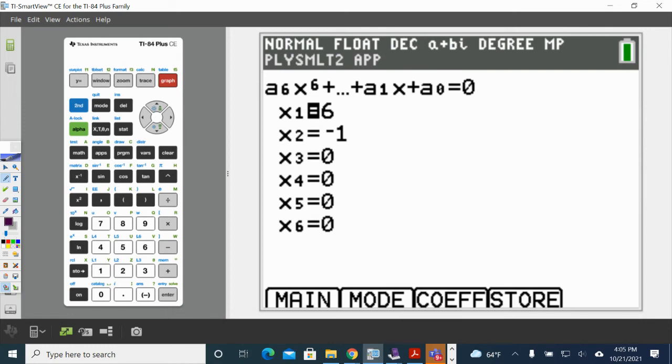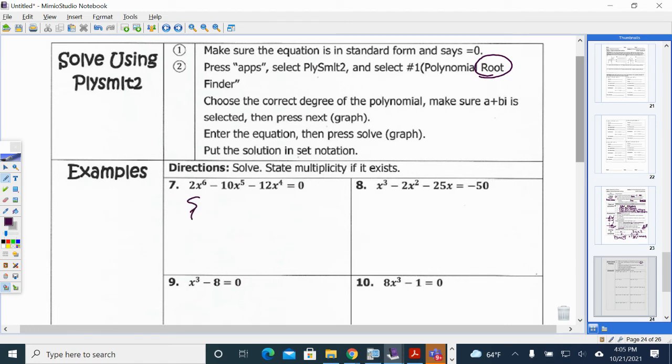So I'm going to put the 6, the -1, and the 0 in solution set. And I'm going to make the statement that 0 has a multiplicity of 4. And that's just clarifying that 0 occurred 4 times. Then you got your -1 and your 6, which accounts for all 6 solutions.